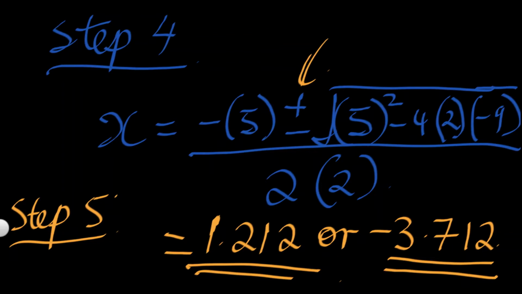Step number 5, punch your calculator, use plus first time, and then use minus so that you have 2 different answers. Depending on what you've been asked to do, if they say to 2 decimal places, do so. If they say to 3 decimal places, use 3 decimal places. In this case, I expressed my answers in 3 decimal places.